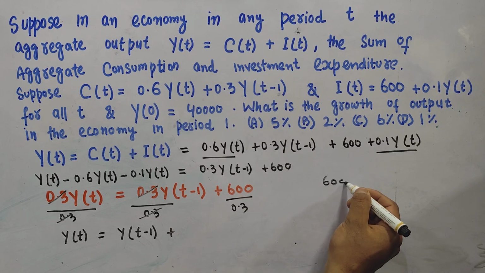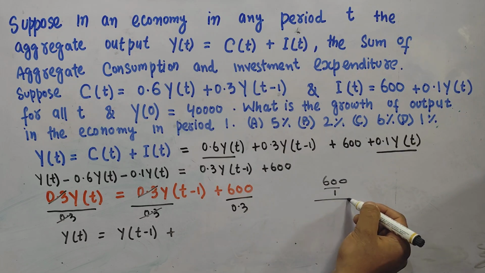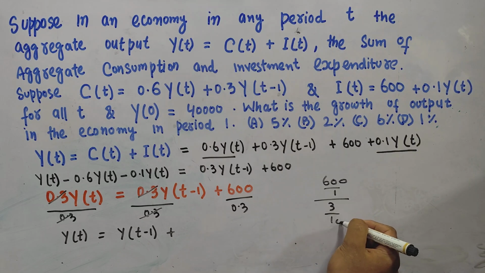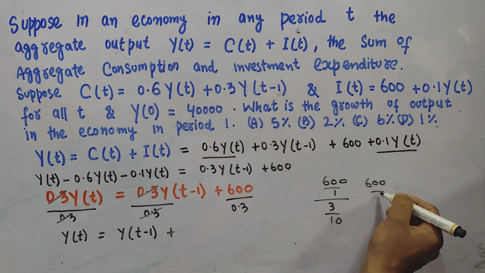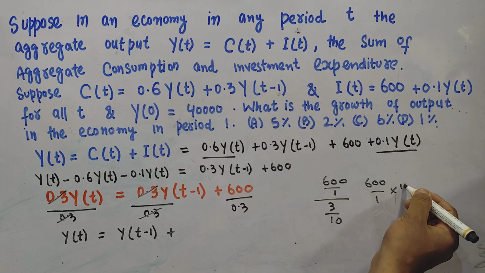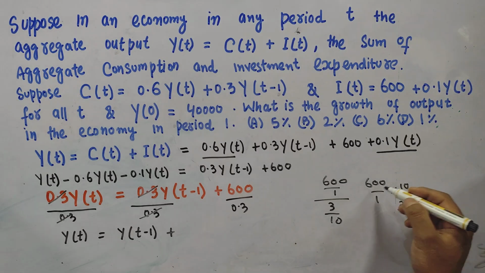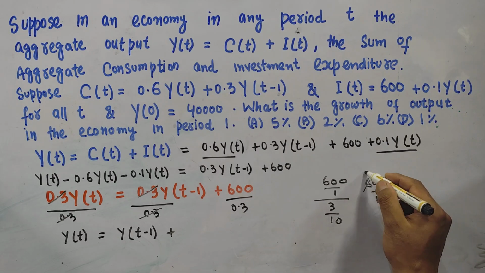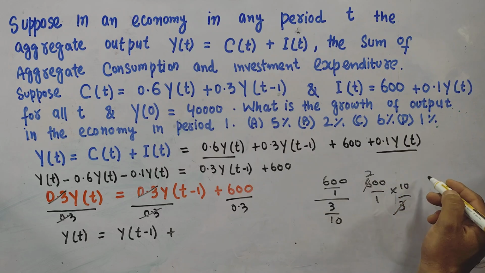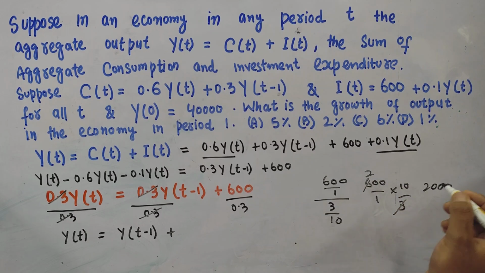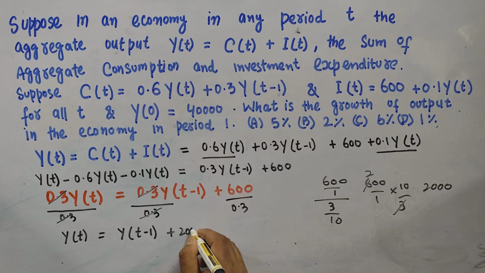So we have 600 divided by 1 whole divided by 3 upon 10. So we get 600 divided by 1 into 10 upon 3. So this is 200 into 10, which is 2000. So this term comes out to be 2000.